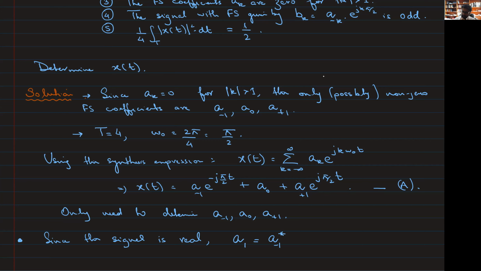And what about A naught? What can I say about A naught? Umar, why do you say it's 0? So A naught will be real. A naught is real. Right? So who was this? Ibrahim, right?